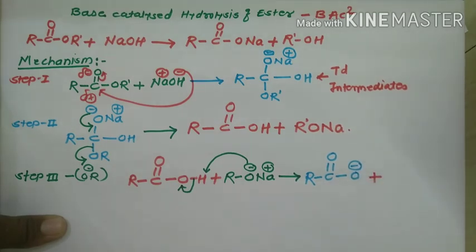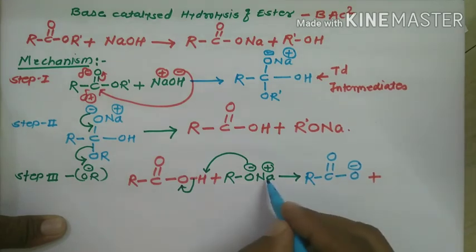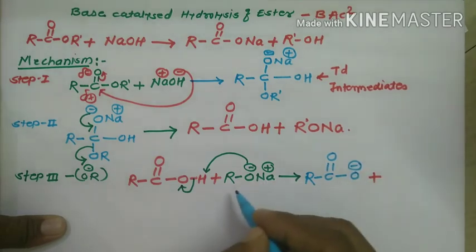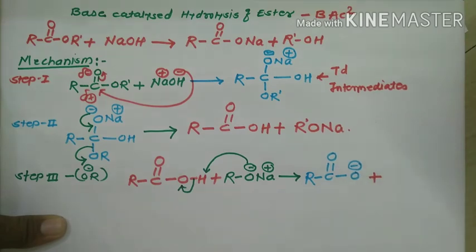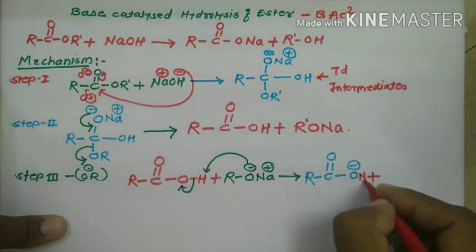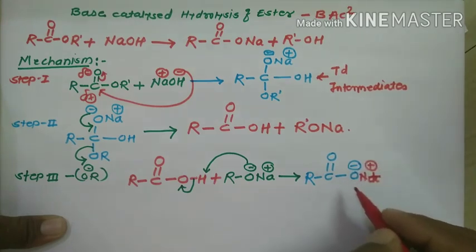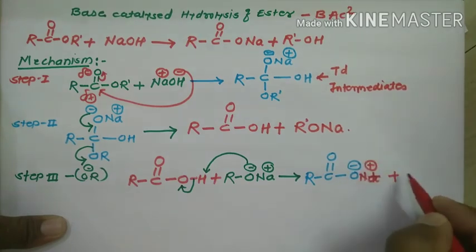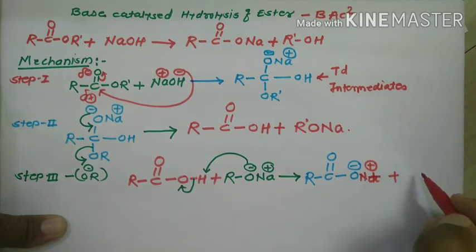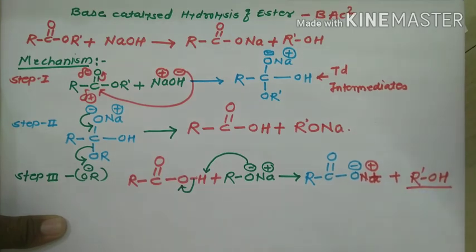This O minus ion again abstracts the Na plus ion to form O minus Na plus ion, meaning the formation of salt molecule with elimination of R dash OH, that is elimination of alcohol molecules. Okay.